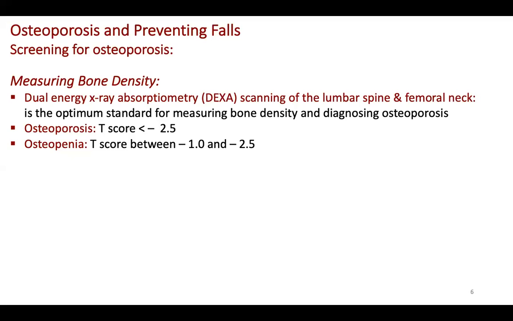And the screening for osteoporosis, as you all know, is by the DEXA scanning, and less than minus 2.5 is diagnostic of osteoporosis. Between -1 and -2.5, that's osteopenia, which is just kind of weakness that precedes osteoporosis.